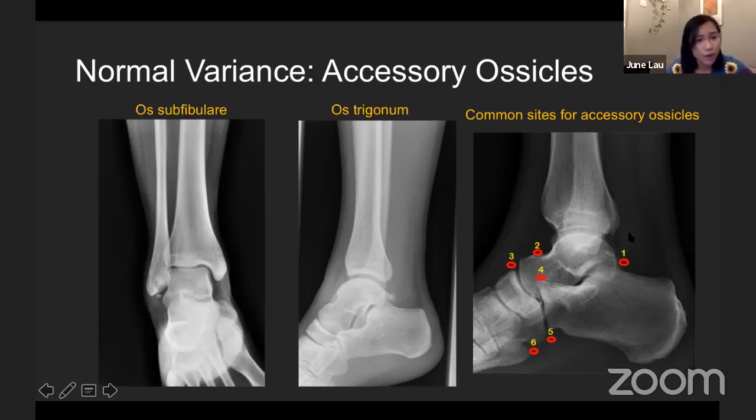If you ever see fractures or little bones in this region, I would suggest you just Google up quick common accessory ossicles for the ankle and then cross-reference them. If something looks very round and has good borders, very well corticated, then it's likely to be something chronic. It could have been a fracture a long time ago, which has rounded itself off, but it's not acute.